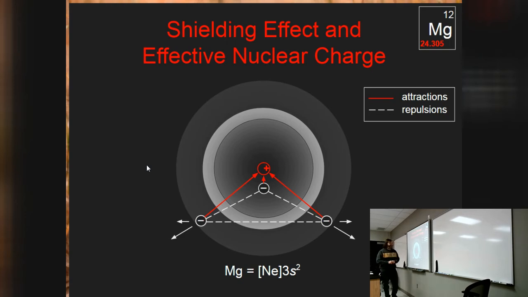This determines the size of the atom, how attracted to the nucleus they are. You can imagine if there are more core electrons on the inside, that's going to create more of a shielding effect from those valence electrons, which are going to be further away. And that, in turn, would make the atoms bigger.